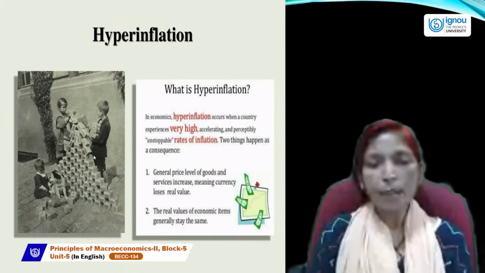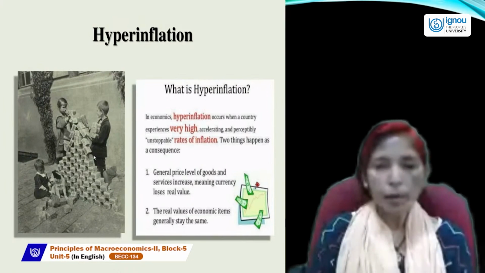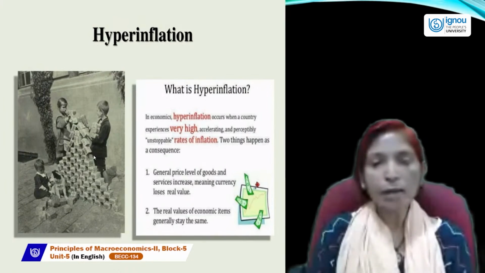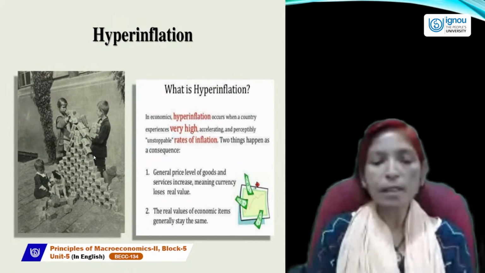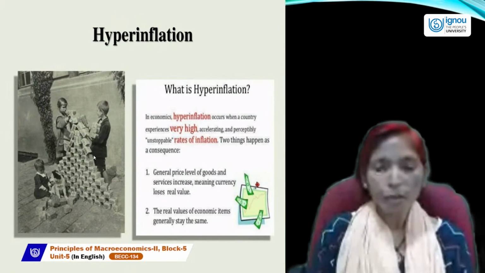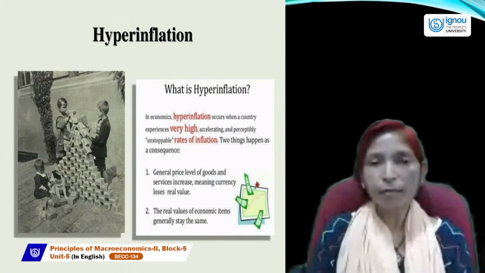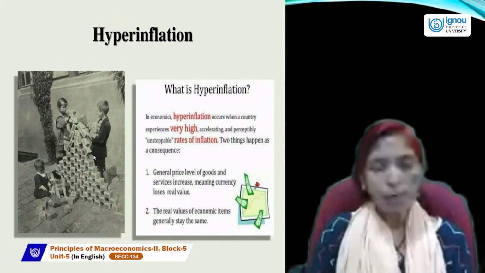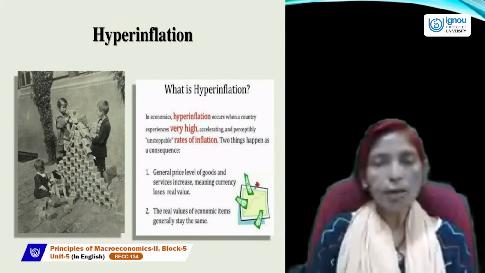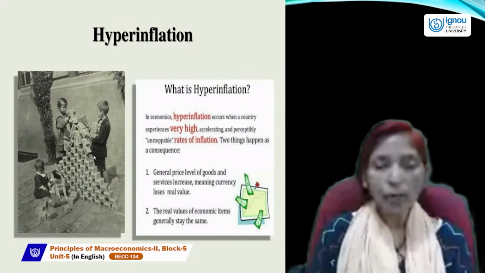Two things happen as a consequence. One is that the general price level of all goods and services increases, meaning the currency loses real value. When the price level increases at a very high or disastrous rate, the currency value will fall and people don't have any trust in the currency, because the currency's purchasing power will become zero or nil.